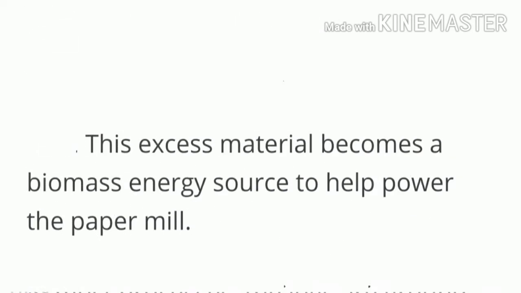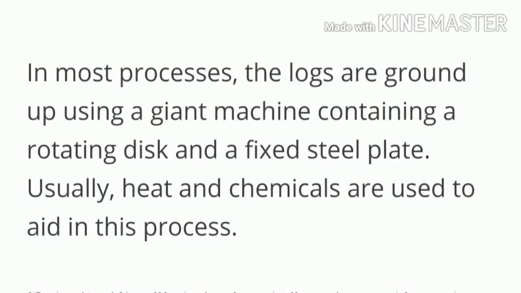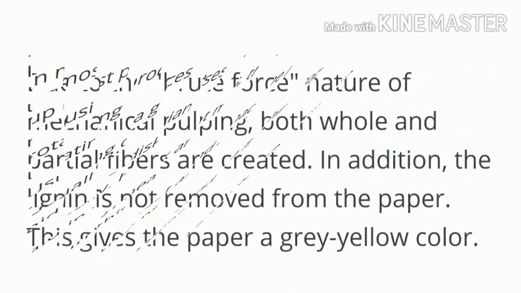This excess material becomes a biomass energy source to help power the paper mill. In most processes, the logs are ground up using a giant machine containing a rotating disc and a fixed steel plate. Usually, heat and chemicals are used to aid in this process.